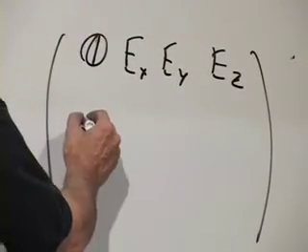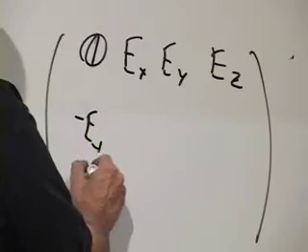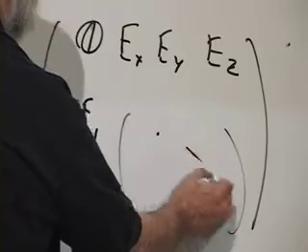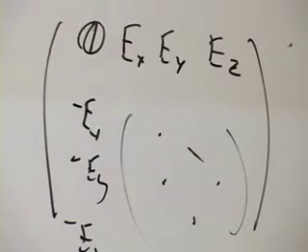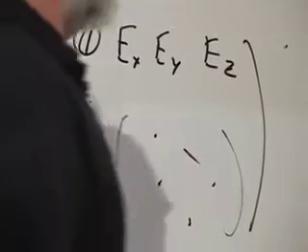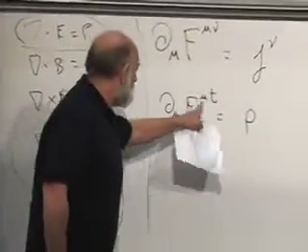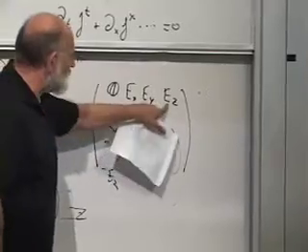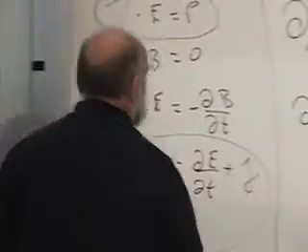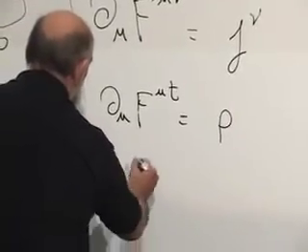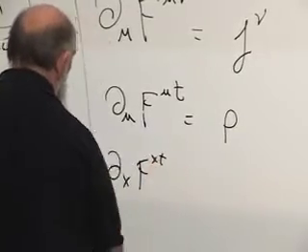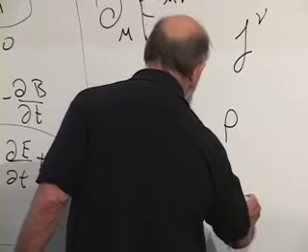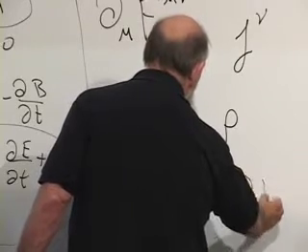We also have minus Ex, minus Ey, minus Ez, and then we have the magnetic field sitting in here in various ways. Okay, so let's see what we have. We have only the time components of F. That means the components along this first row here. We can write this as dx Fxt plus dy Fyt plus dz Fzt.